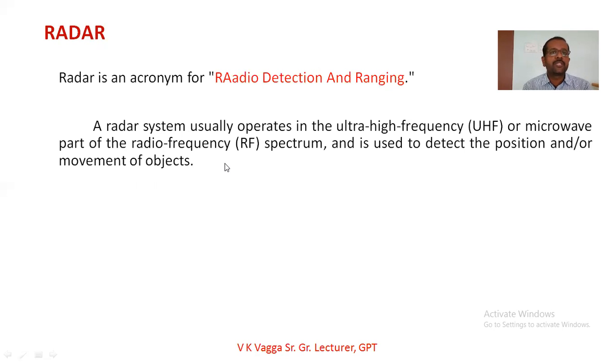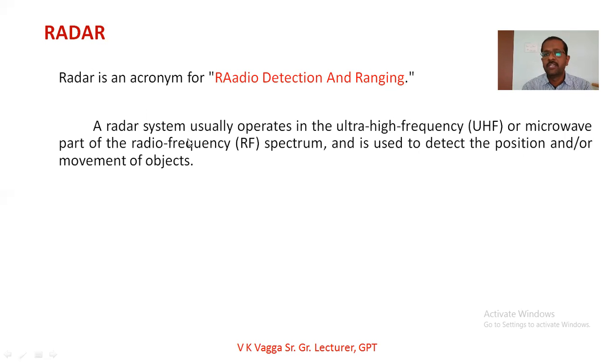Already you know about microwaves: they operate from 300 megahertz up to 300 gigahertz, and they are internally classified into three main bands, UHF, SHF, and VHF. If a signal operates in the ultra high frequency range, which is part of the microwave radio frequency, and is used to detect the position of the target and also its movement, it is called radar.